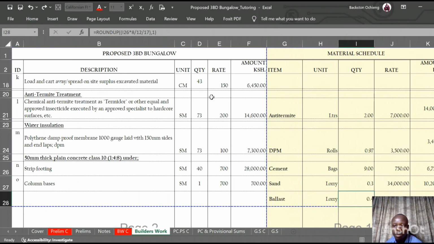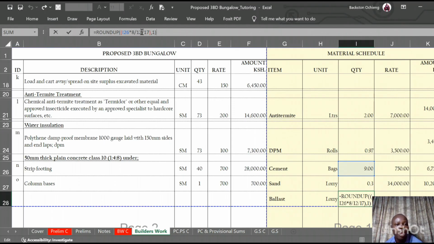Then lastly, we move to ballast. Ballast, we apply the same principle. The ratio is 8, okay? So on each and every bag of cement, we apply 8 wheelbarrows of ballast. So we multiply by 8. Around 12 wheelbarrows of ballast should give you a ton.